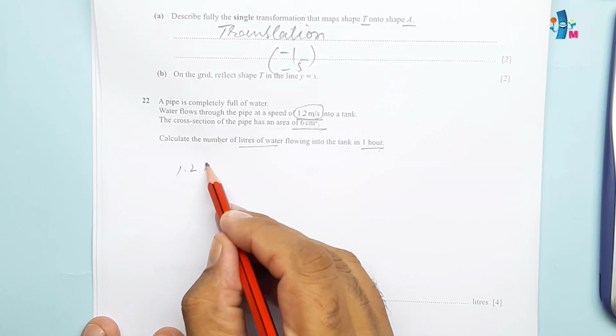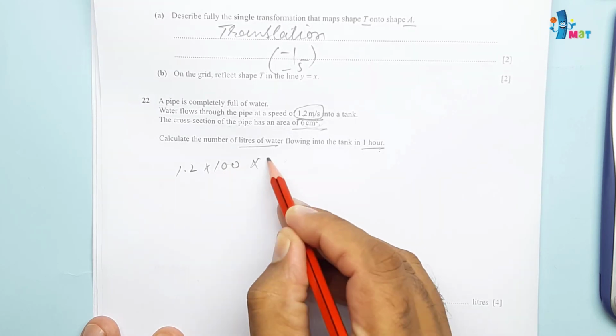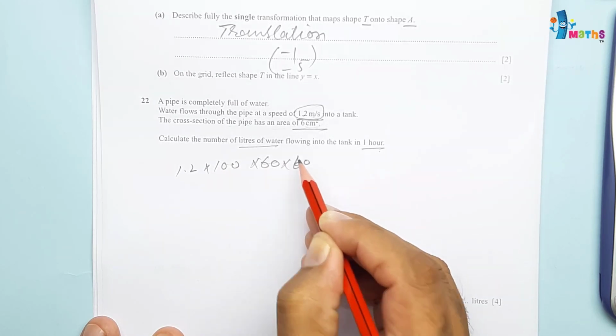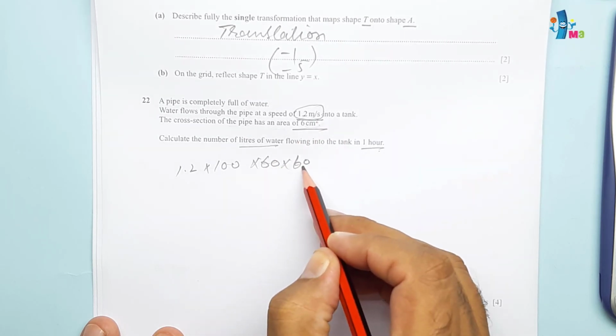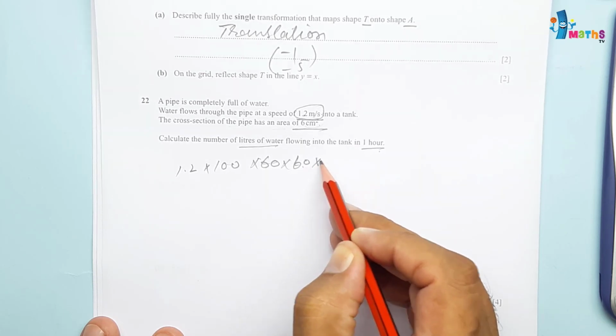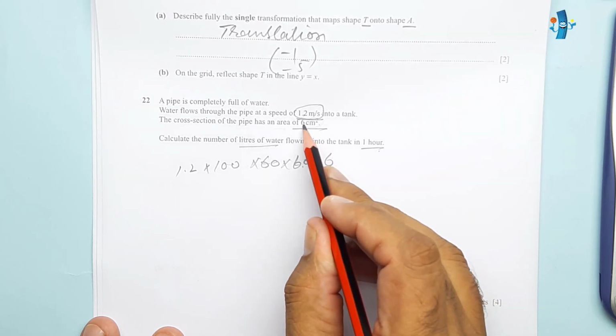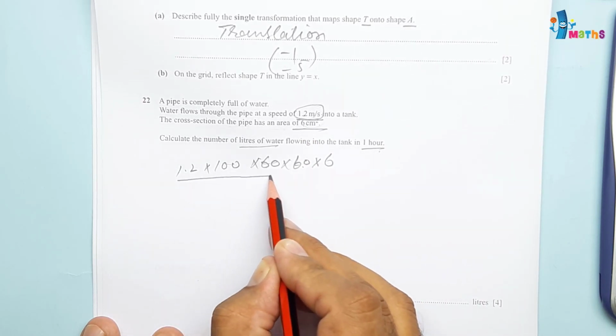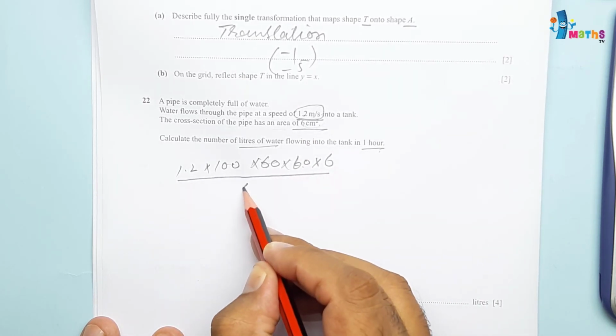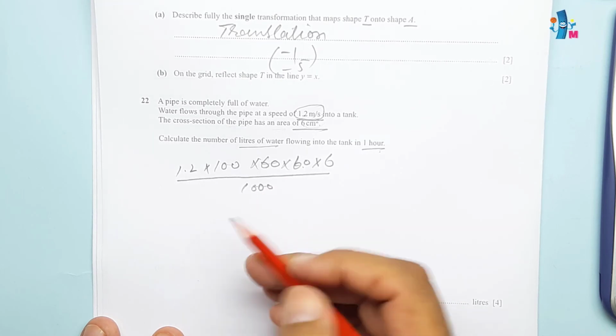So 1.2 into 100 into 60 into 60. 60 will be from second to minute, and next 60 is from minute to hours, and it is 6 centimeters square. So 6 centimeters square, and we want to convert into liters, so it will be divided by 1000.